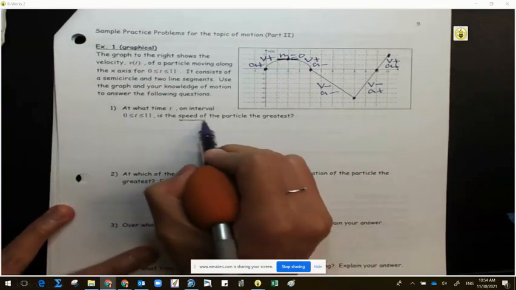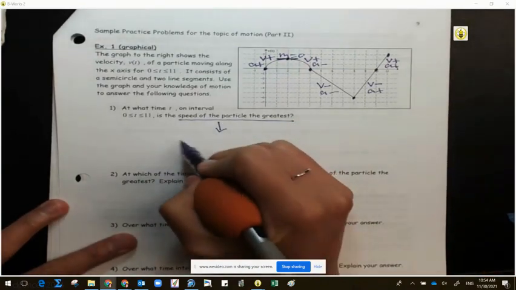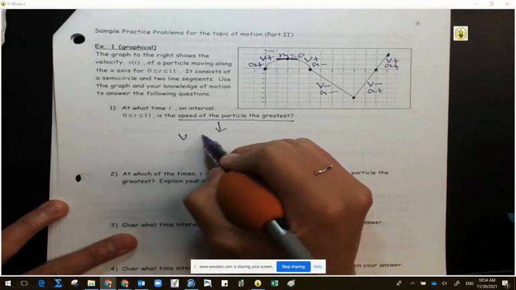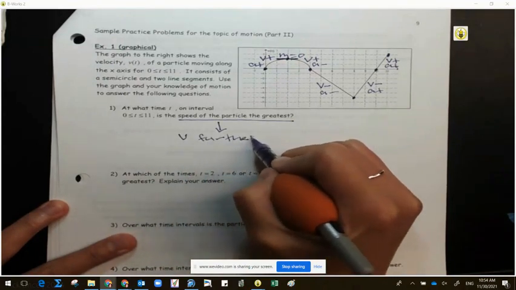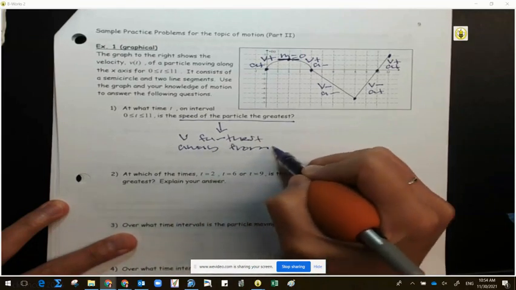On number 1, it says, at what time t on the interval between 0 to 11 is the speed of the particle greatest? Now, I did not talk about this one on the PVA card, but let's define this. The greatest speed is defined by when the velocity is furthest away from 0.